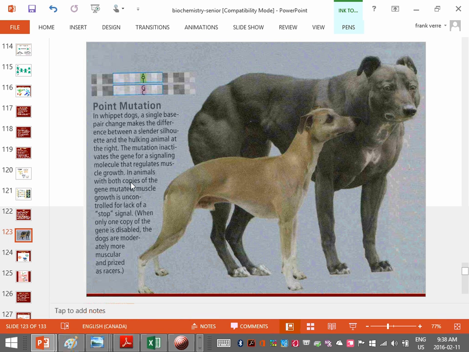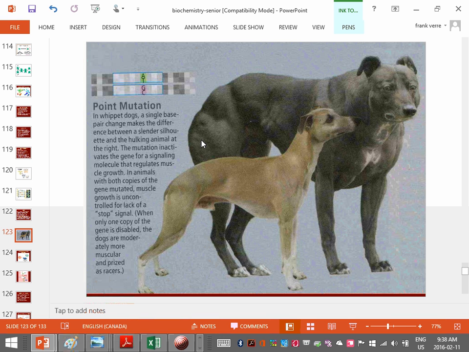So there's this protein that says stop making muscle. What happens if there's a mutation in that protein and it fails to tell the organs to stop making muscle? Well, guess what you get? You get a heck of a lot more muscle. And so this dog over here comes down to a mutation in a gene that encodes this protein, and this protein fails to prevent the building of muscle. So you get much more muscle.